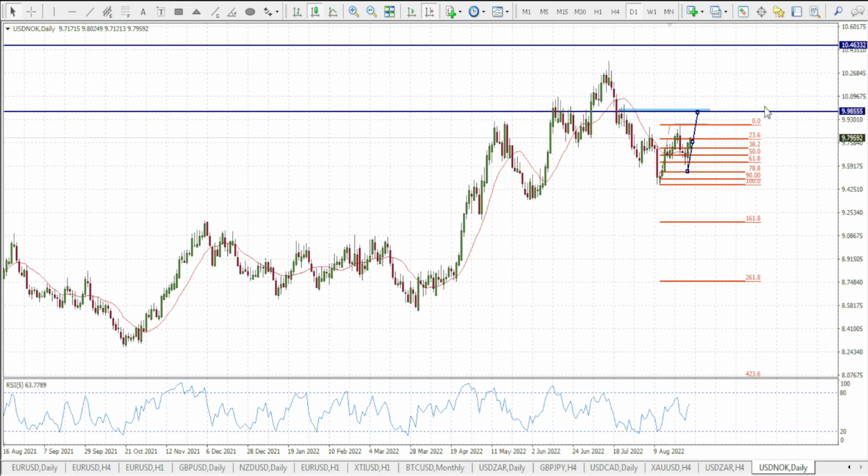10.4633, because we have a strong dollar that is getting stronger against the yen, the Japanese yen as well, and against the dollar as well. So most probably USD NOK and USD ZAR, both of these pairs according to me are going to go further high.